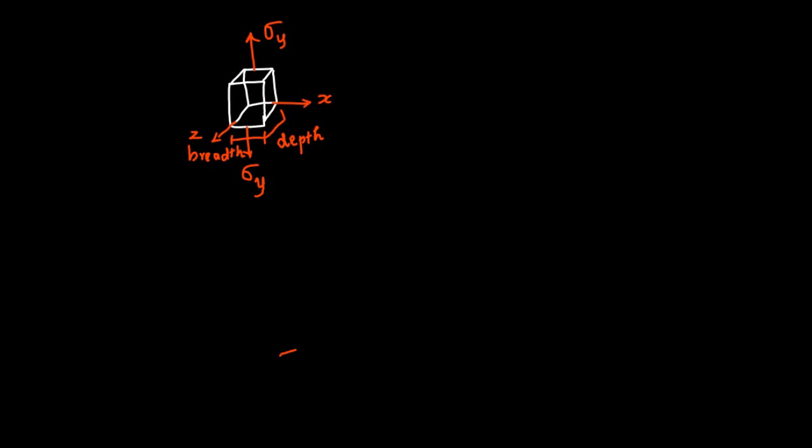Now I'm going to call the strain that is produced along the y direction, where the force sigma y is actually acting, the longitudinal strain. So it is the longitudinal strain. So longitudinal strain is the strain that is acting along the y direction.